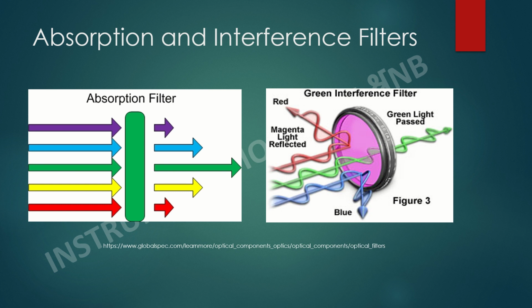So there are constructive and destructive interferences. If we use a green interference filter, we will get the green light passed. If we compare both these filters, the interference filter is more suitable, but it is very expensive.